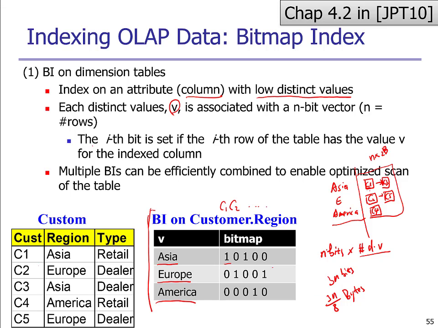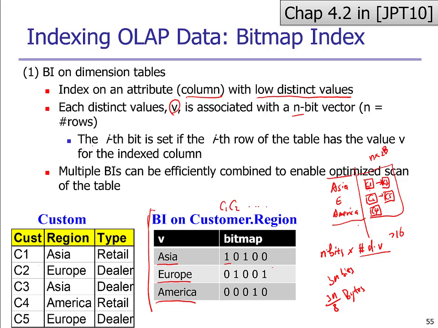Because for the hash table, given a fixed number of rows, it's always 2n bytes. But here, if we have more than 16 distinct values, then we will need more than 2n bytes to store this bitmap index. As the left part is the same, we don't take the left part into consideration.